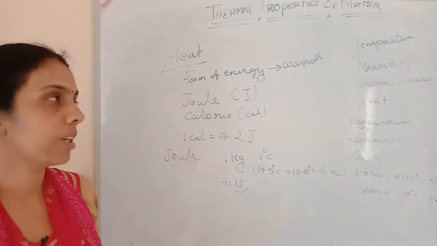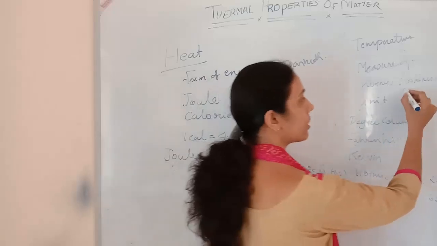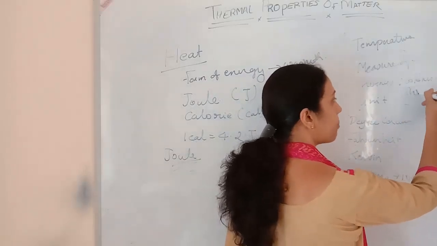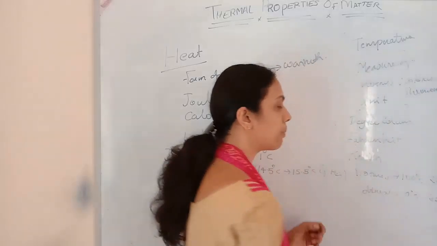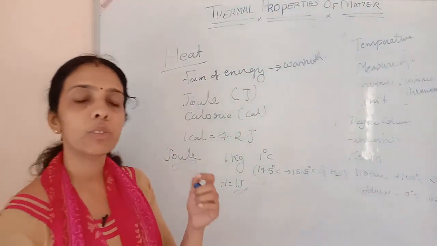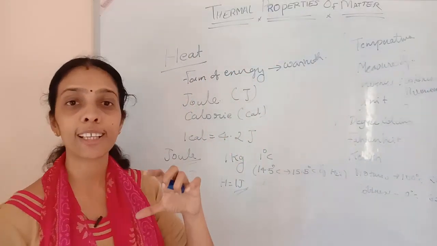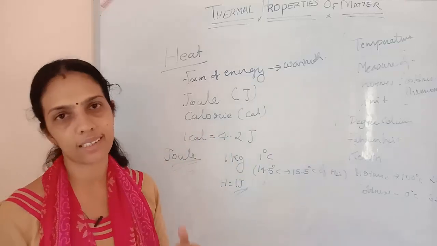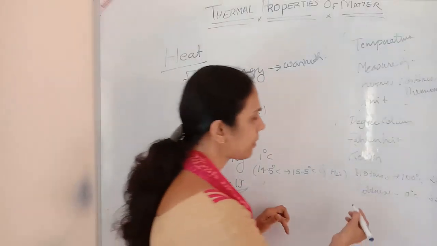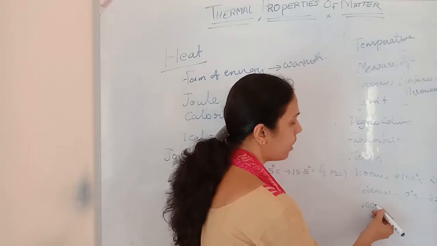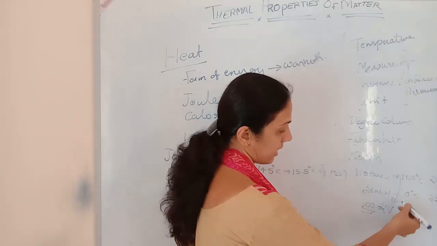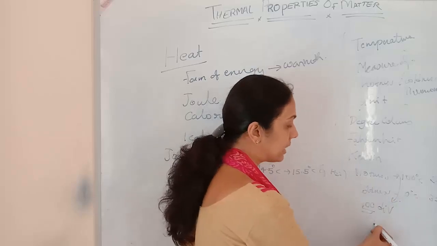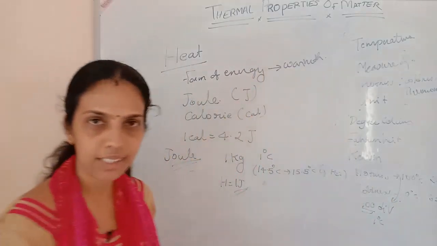The temperature is measured using the instrument called a thermometer. A Celsius thermometer measures from 0 degrees Celsius to 100 degrees Celsius, with 100 divisions, each division being 1 degree Celsius.